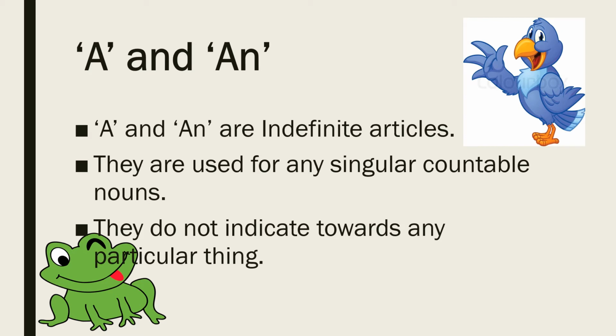Because they do not indicate towards any particular thing. That means they do not point out towards any particular thing. If we say a boy or an orange, it can be any boy or any orange. So they are not specific about any particular thing. That is why they are known as indefinite articles.